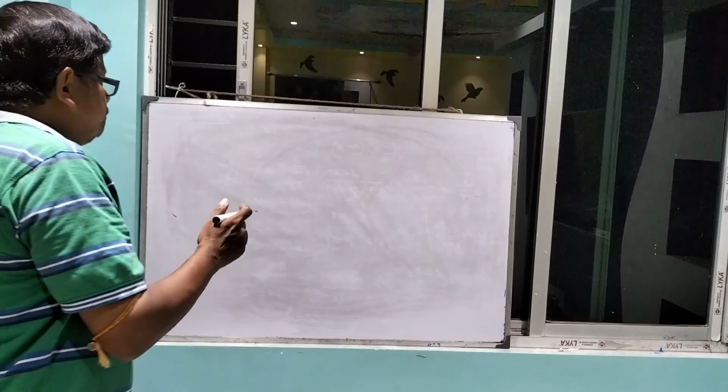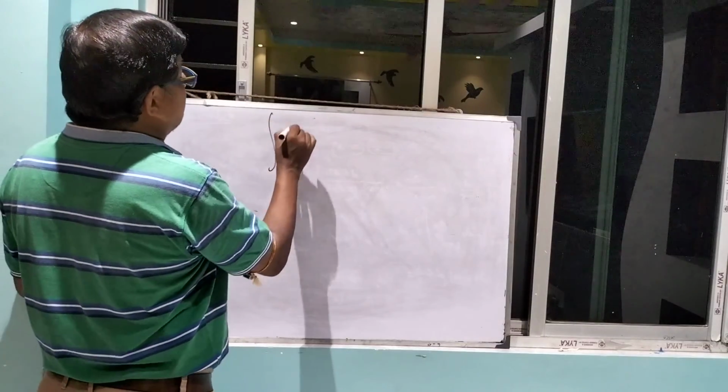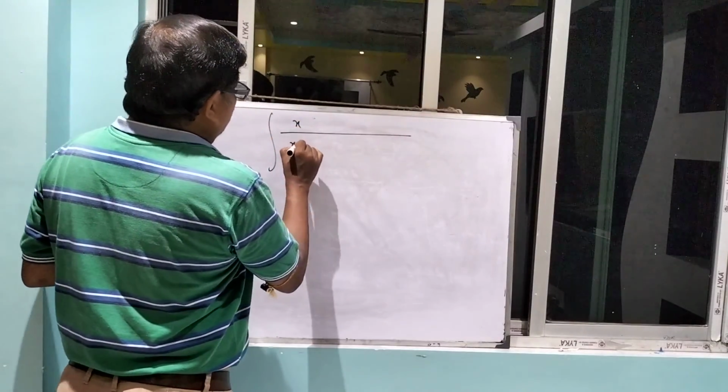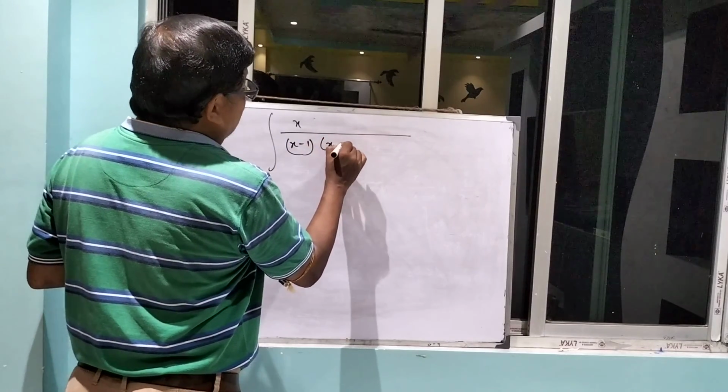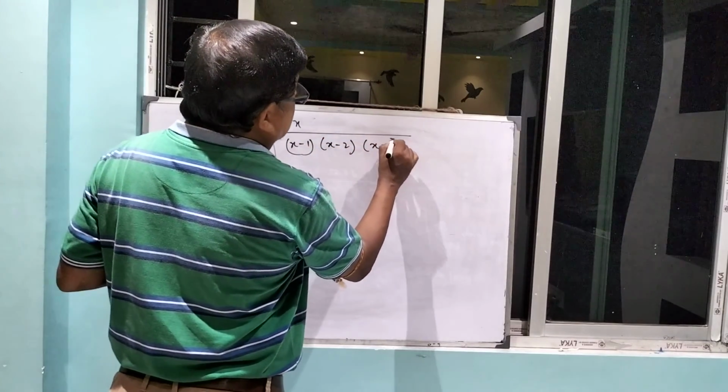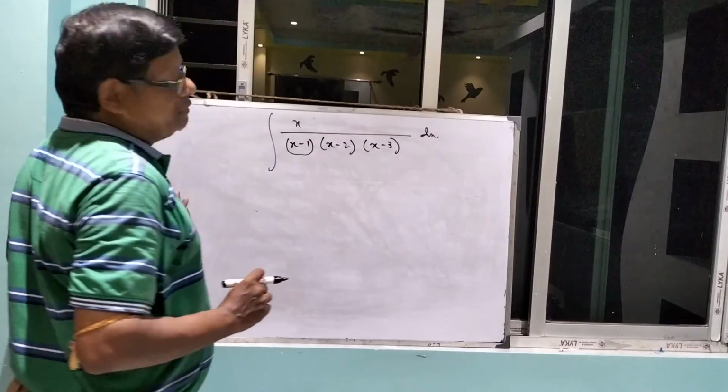See, suppose the integral of x by (x minus 1)(x minus 2)(x minus 3) dx is there.